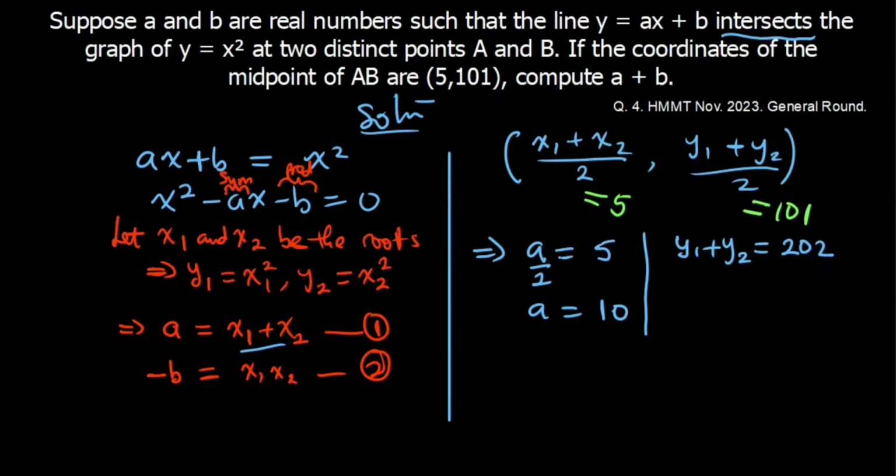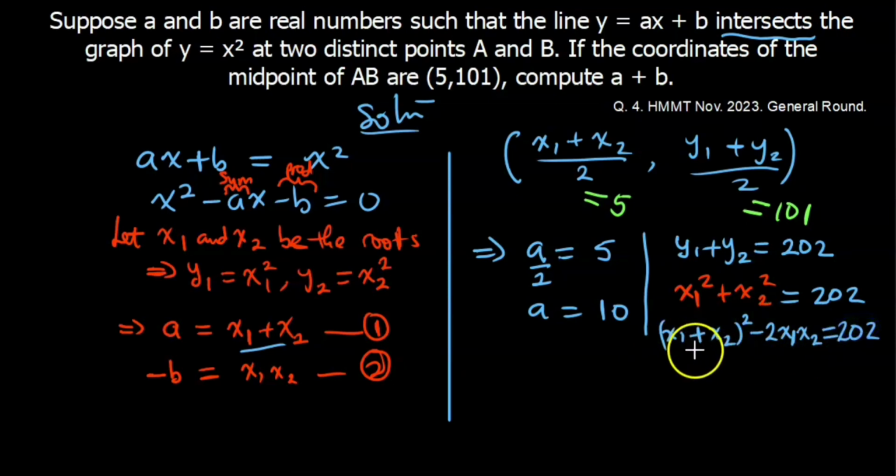But y1 is x1 squared and y2 is x2 squared, so x1 squared plus x2 squared equals 202. We rewrite this using some algebraic relations: it is x1 plus x2 squared minus 2 x1 x2 equals 202. The first part is a, which equals 10.